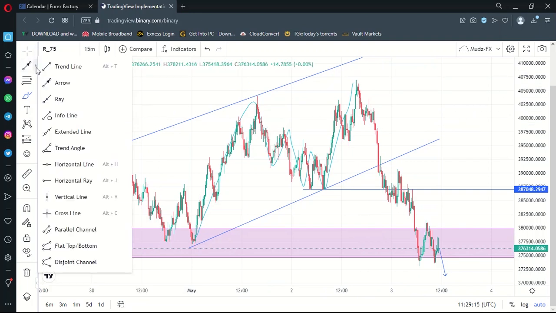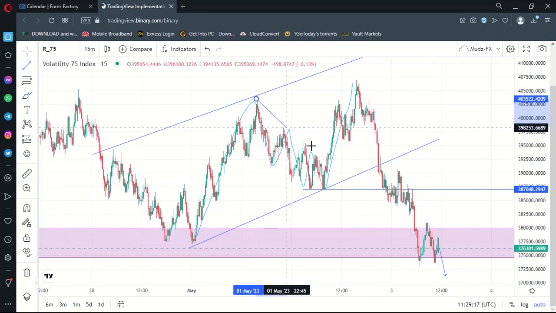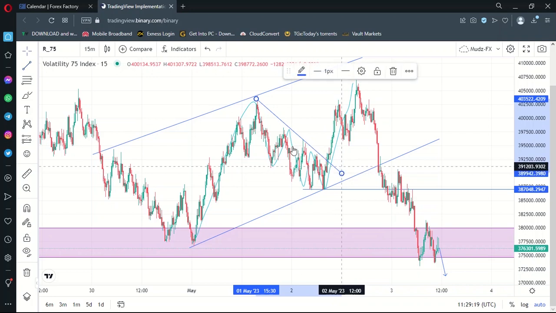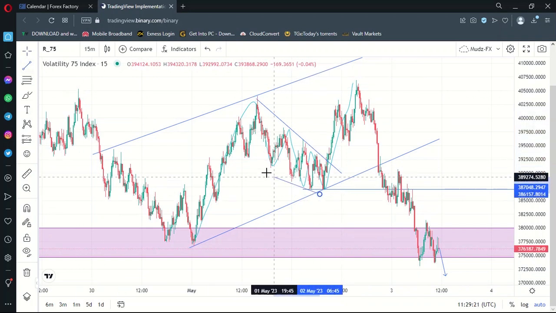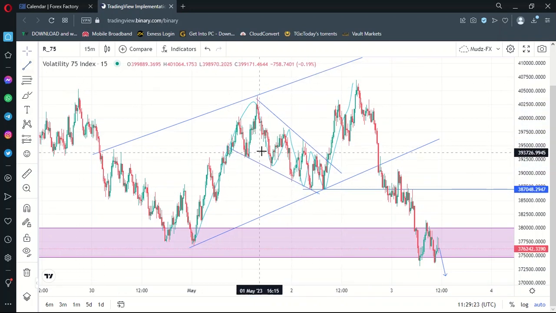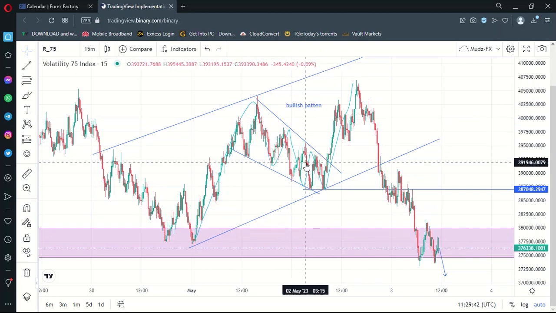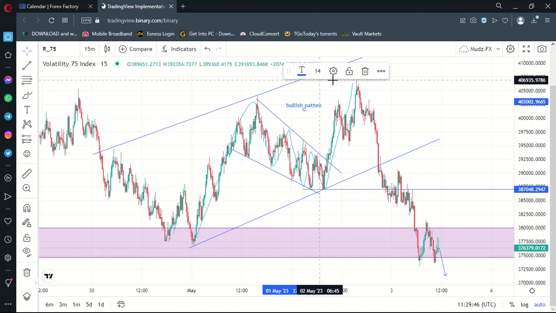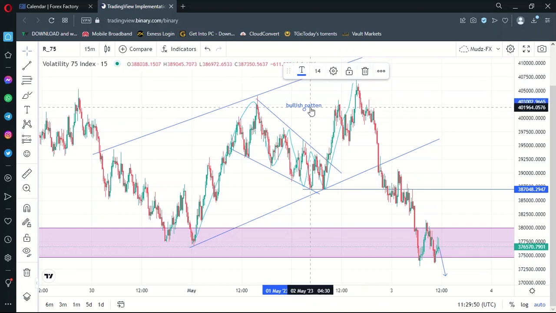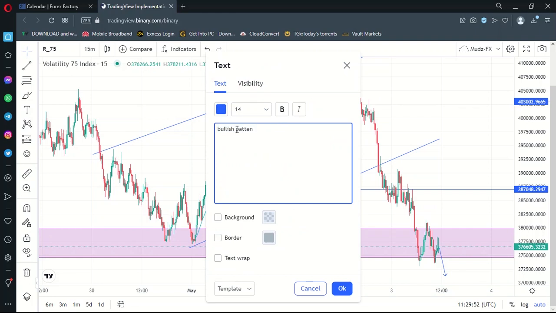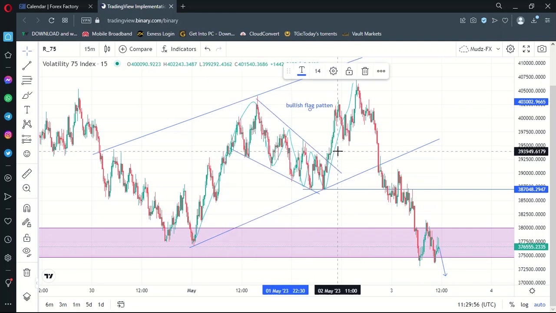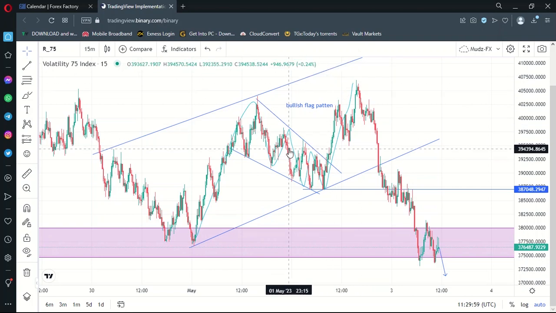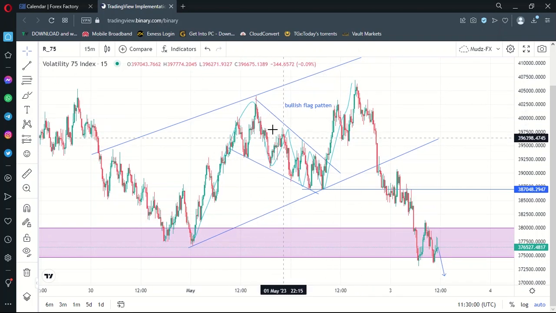If you draw your trend line there, you see that there is a bullish pattern inside. But if you look wider, this is a bearish flag. But inside that bearish flag, there is a bullish flag. That's what I call trend inside trend.